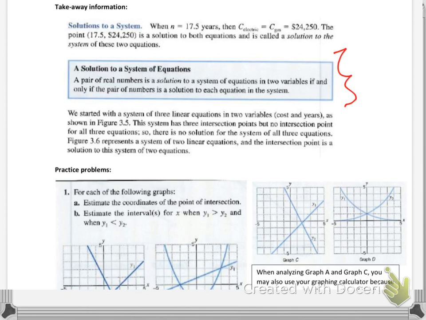If they say solve the system of equations, what they're looking for is a pair of real numbers which solves both equations. So you have one pair that is a solution to each of the equations in the system. Basically that's where they intersect. That is the solution to the system of equations. Not every system has a solution, and we're going to talk about that in a few moments.